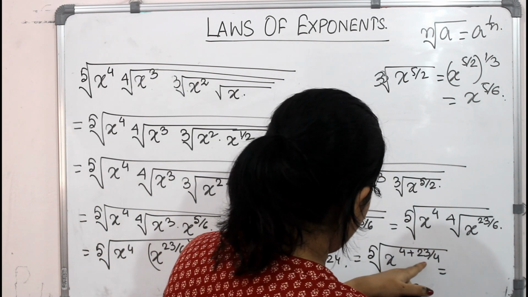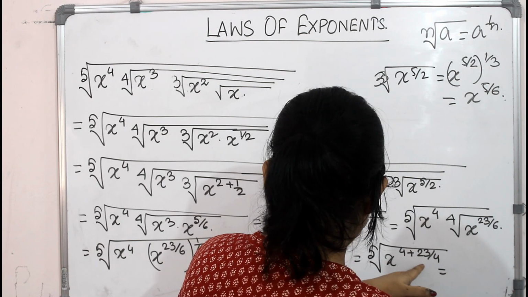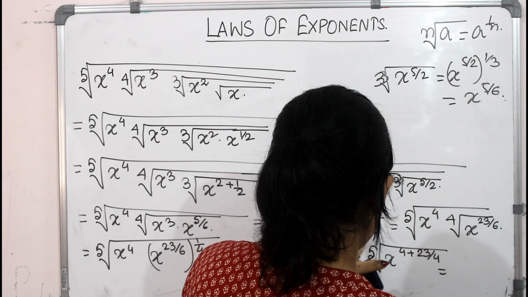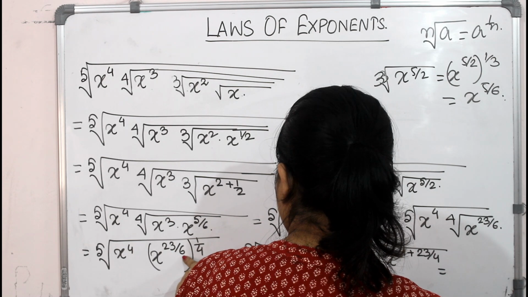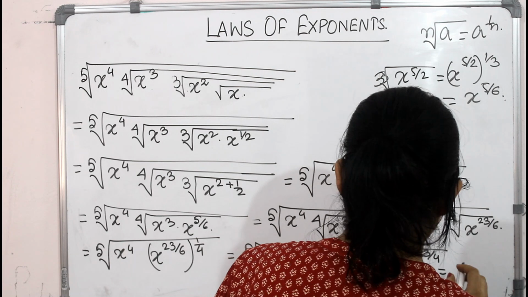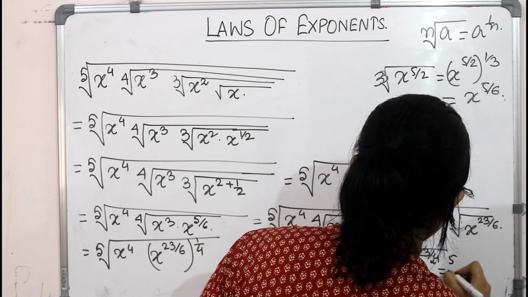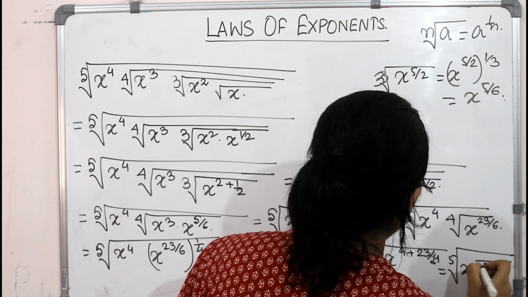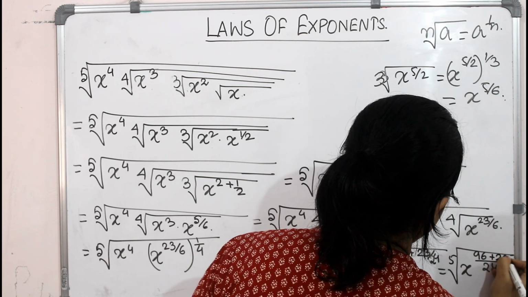So x to the power of 4 plus 23 by 24. Am I doing it correctly? 24 into 4 is 96, plus 23.